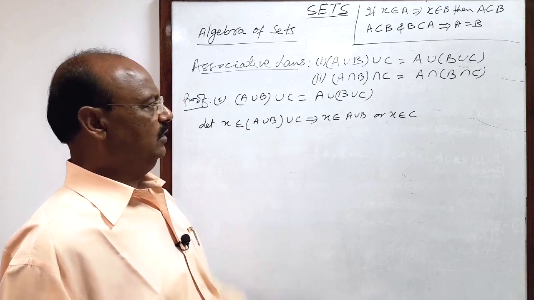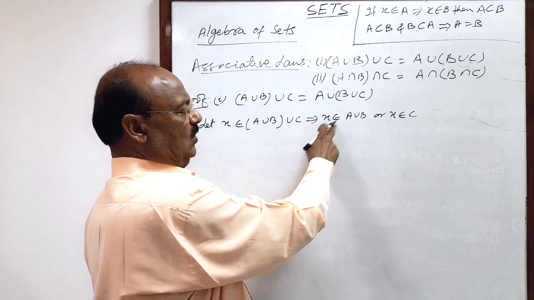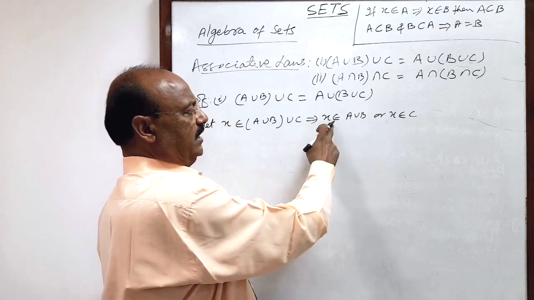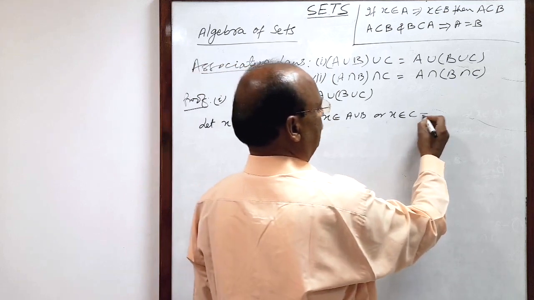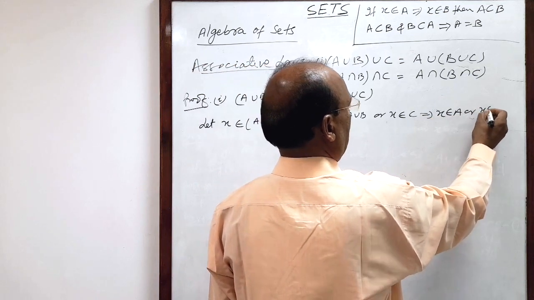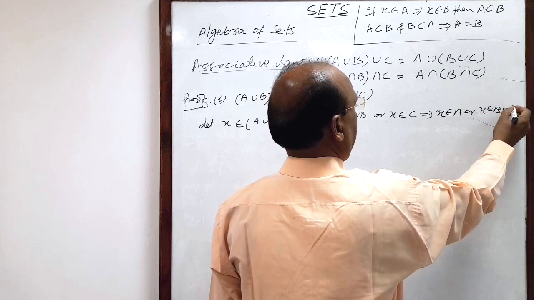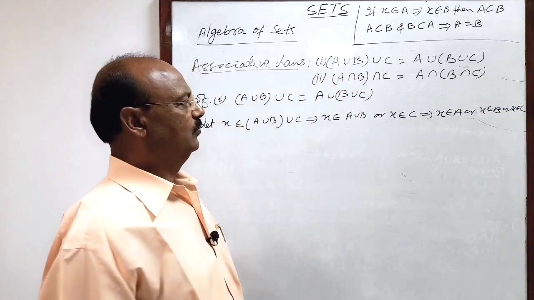Now we can expand it by the same property. X belonging to A union B means X belonging to A or X belonging to B. So this implies that X belongs to A or X belongs to B or X belongs to C, correct?